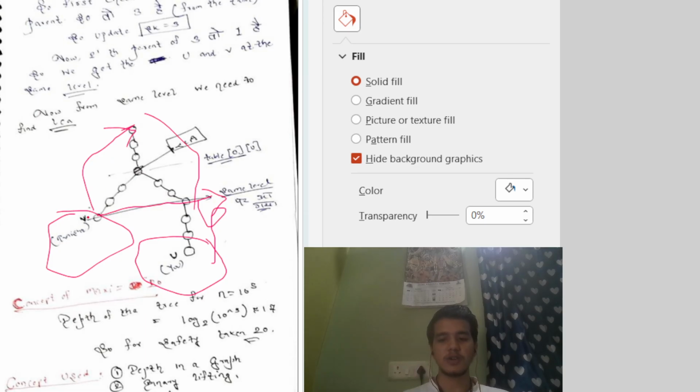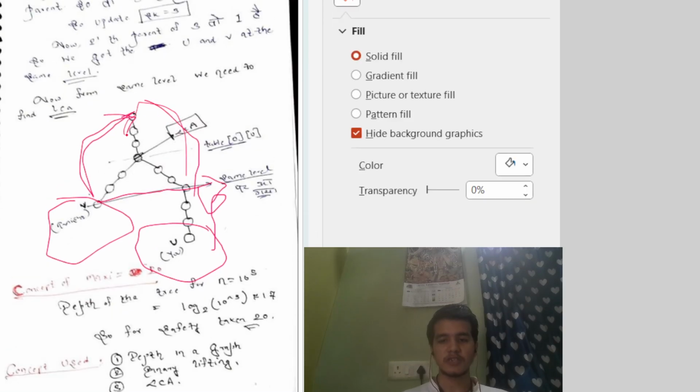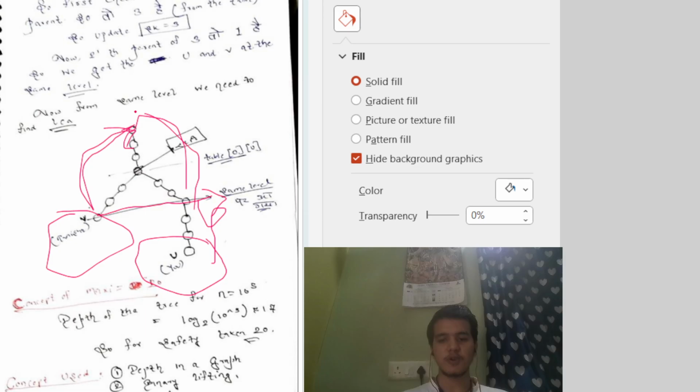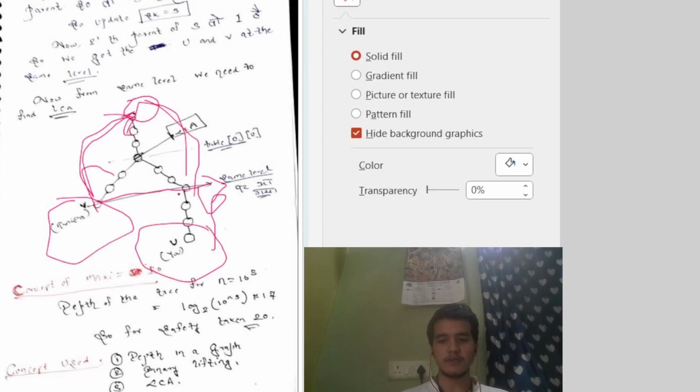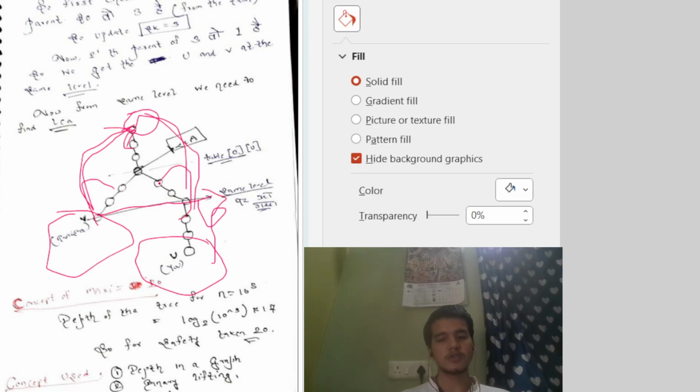Suppose this point moves to this and this point moves to this. You will find that this point is common to both, so we will not move. And suppose if we move to this point and from here we move to this point, these 2 points are not common, so we will move. You will understand this approach better when I show you the code.